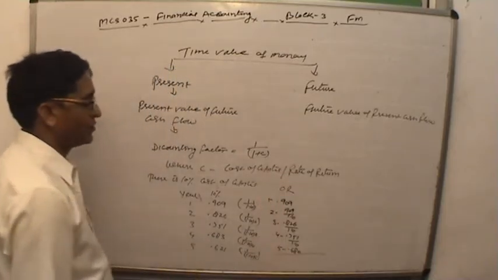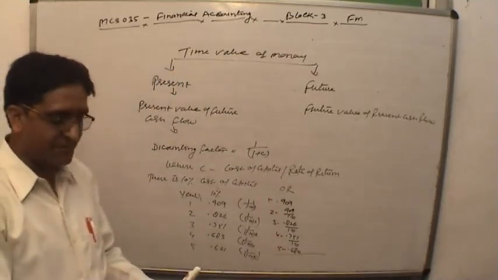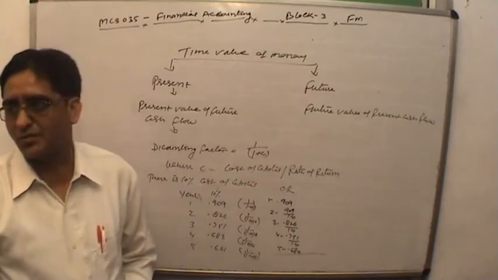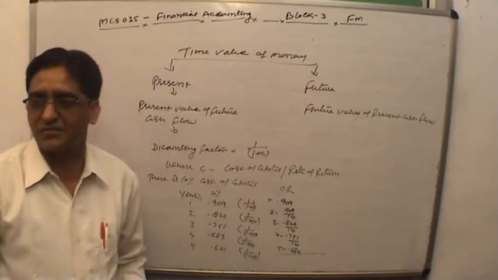So this is the format to determine the discounting factors under the time value of money for calculating the present value.